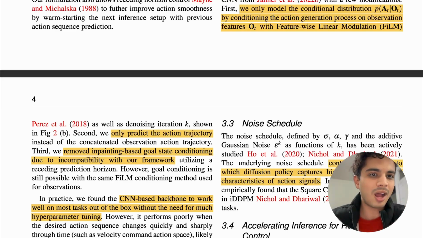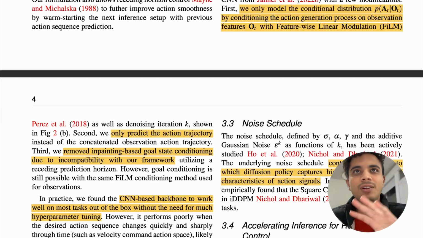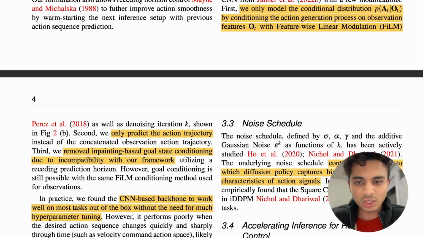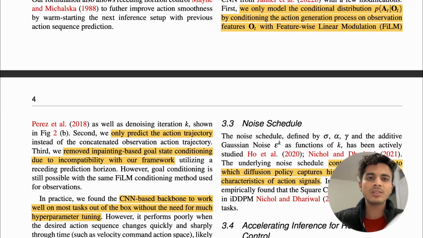This is how it is able to come up with great sequences in terms of, let's say, language generation or language prediction or translation. This is because of this attention layer, and that is what the authors of diffusion policy have also tried to leverage in this work.